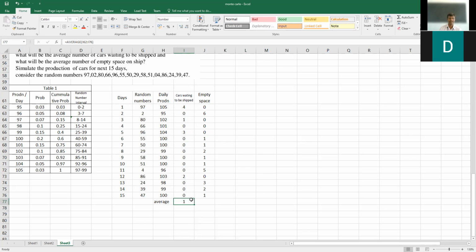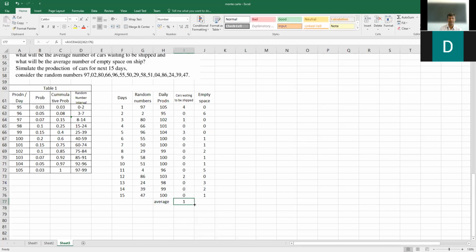We cannot say that 0.6 cars are waiting on average. That is not the right way. We have to round it to the nearest integer. And we say that on an average, daily, 1 car is kept waiting in the godown to get shipped.